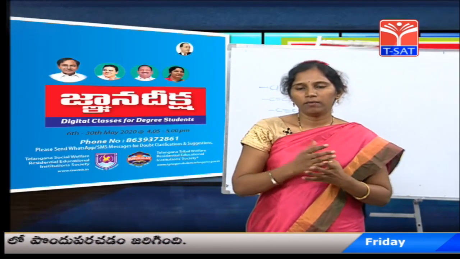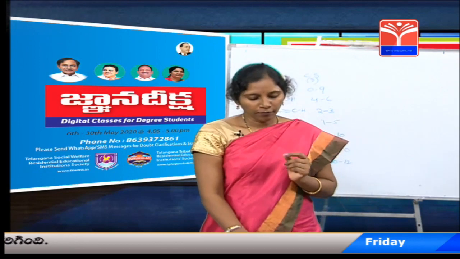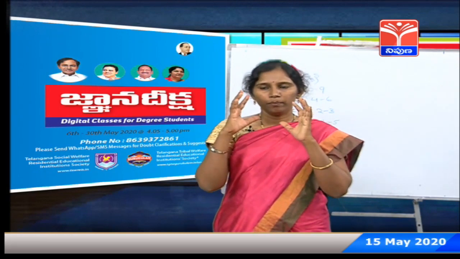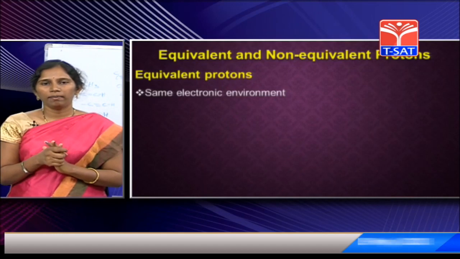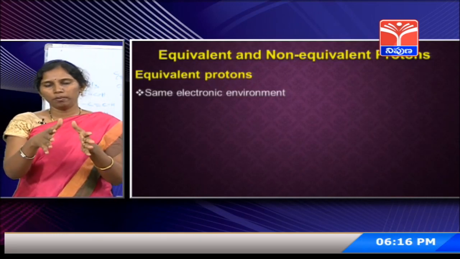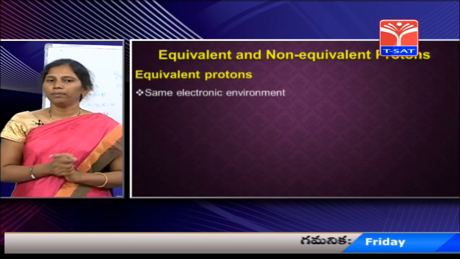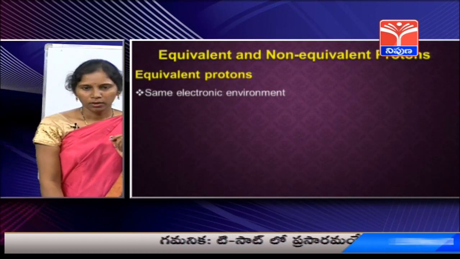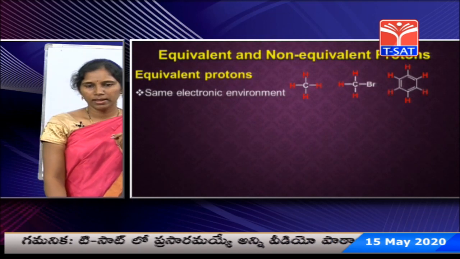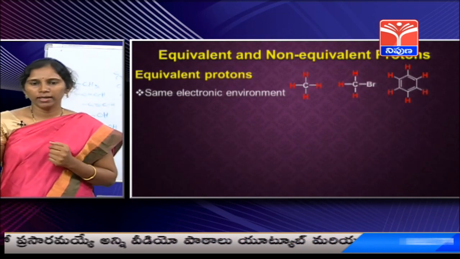What do you mean by equivalent and non-equivalent protons? If the protons are present in the same chemical environment, those protons are said to be chemically equivalent protons or chemical shift equivalent protons. Look at the screen, you can find the examples here. See, the first molecule is methane.